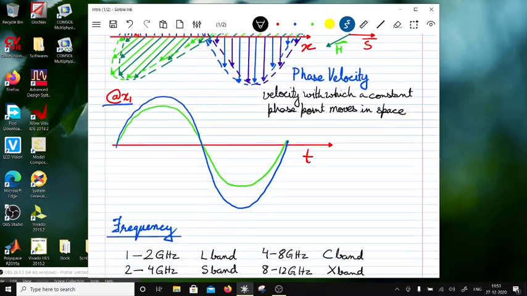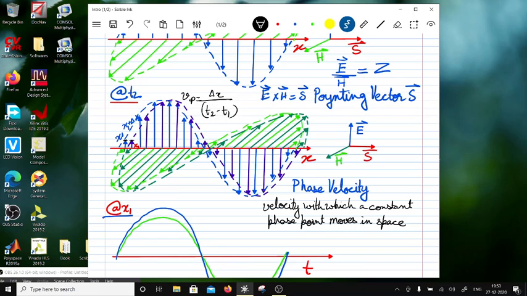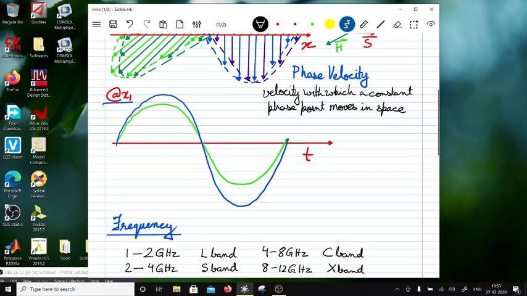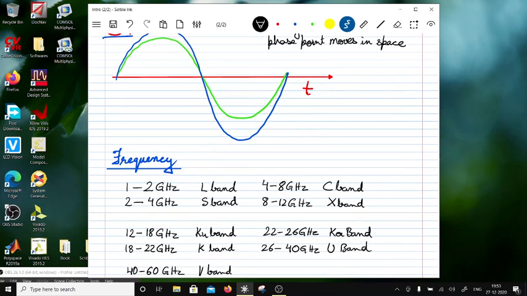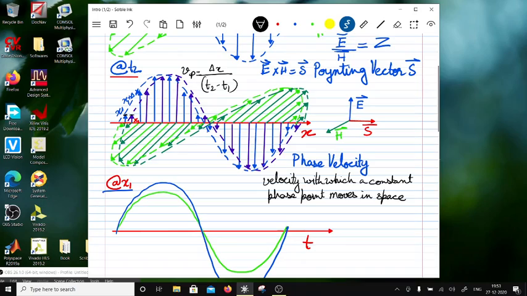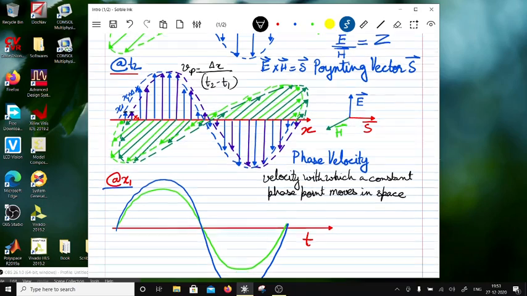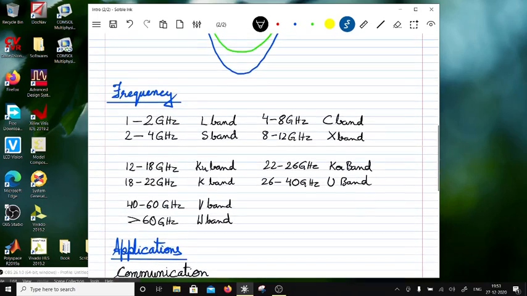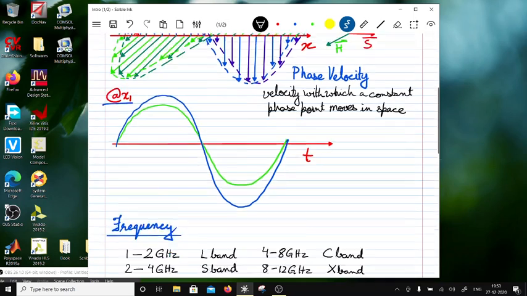If you discretize in space, you see a sine wave propagating, and if you discretize in time, you also see the samples moving in time. So you have oscillations in time as well as oscillations moving in space. This is how the EM wave propagates.